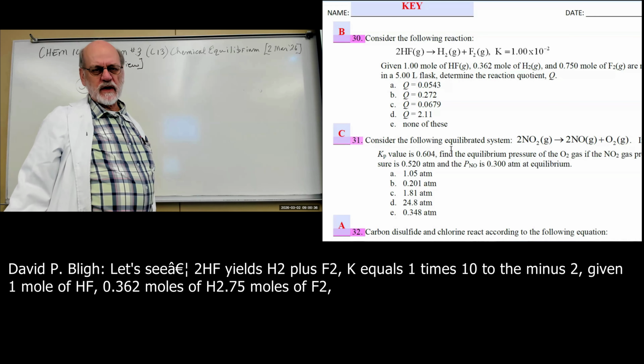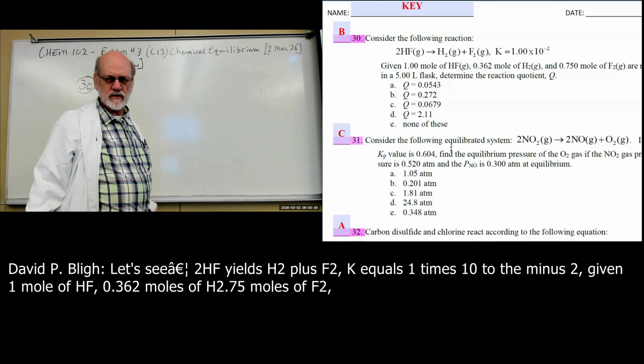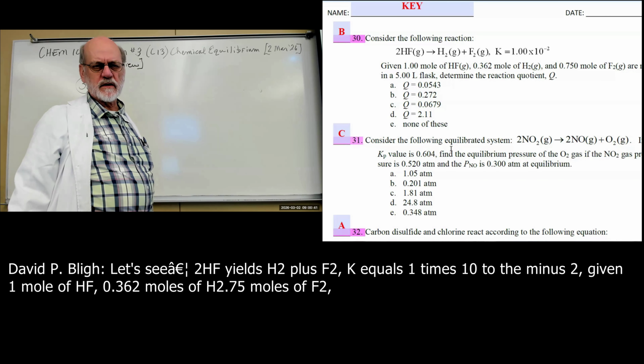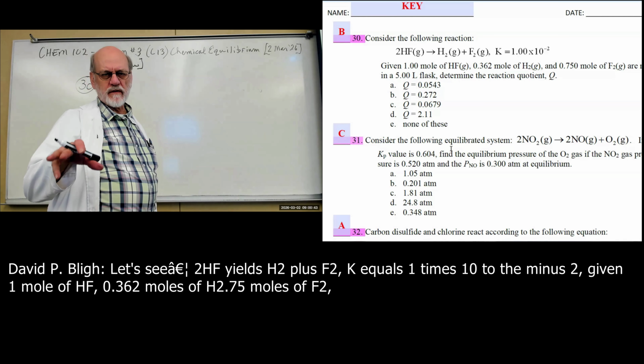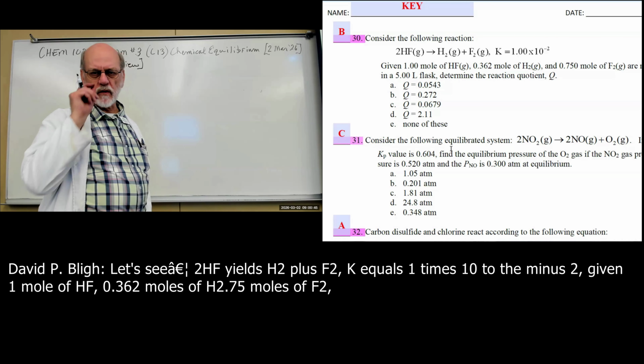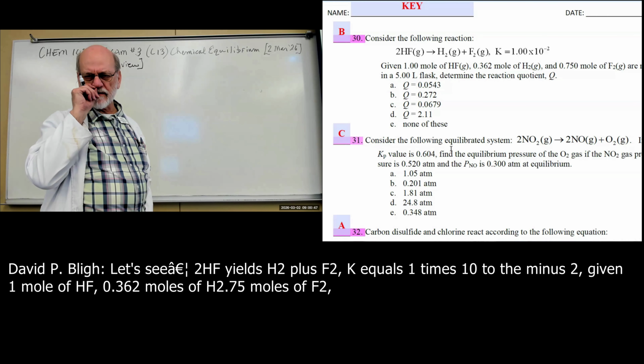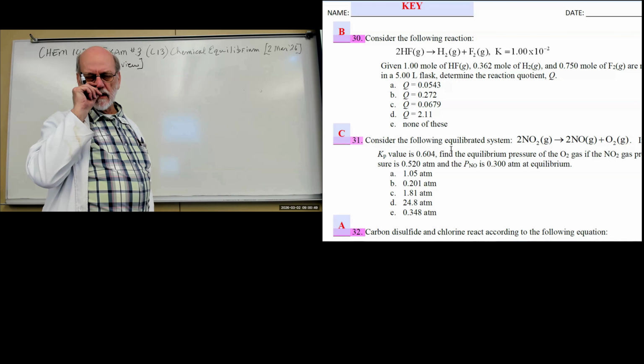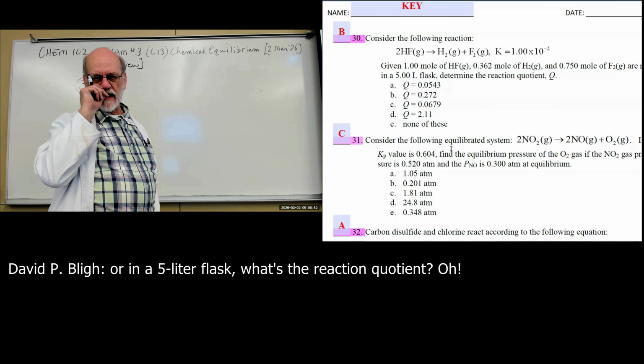Let's see. 2HF yields H2 plus F2, K equals 1 times 10 to the minus 2. Given 1 mole of HF, 0.362 moles of H2, 0.75 moles of F2 are in a 5-liter flask. What's the reaction quotient?